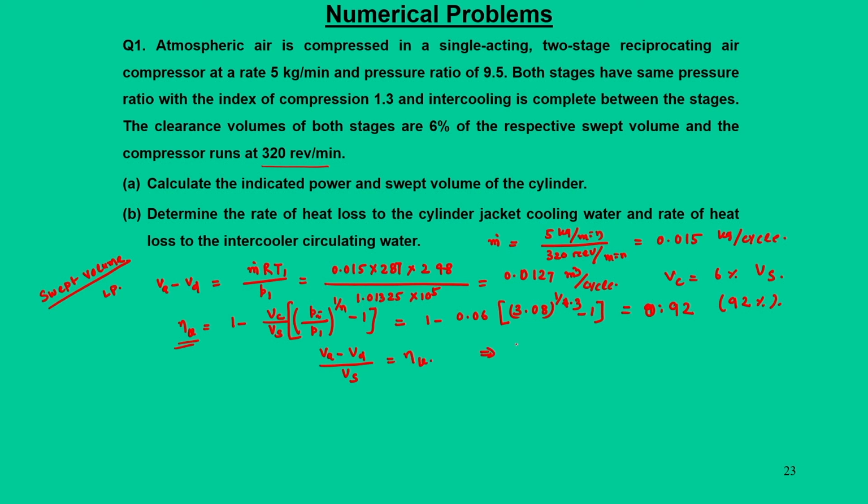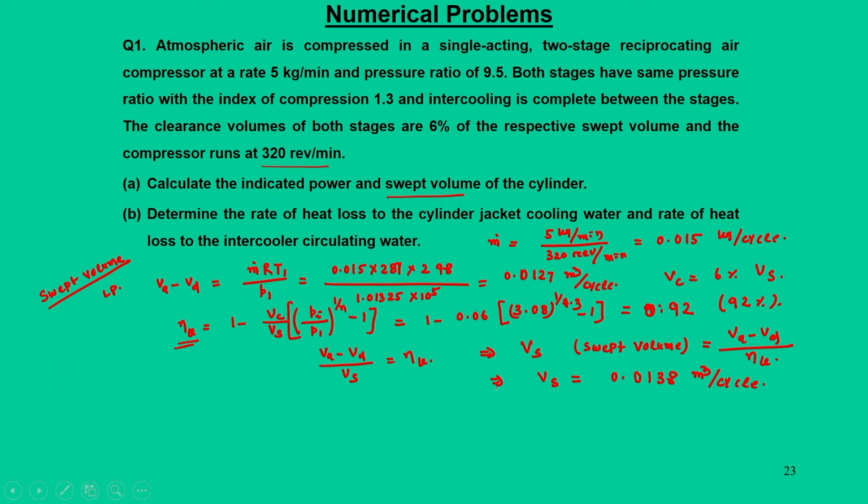So, this will give you Va minus Vd, and that is nothing but the induced volume. The swept volume Vs will be Va minus Vd divided by eta V. So, we will say Vs is 0.0138 meter cube per cycle.